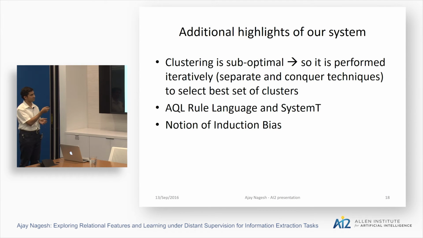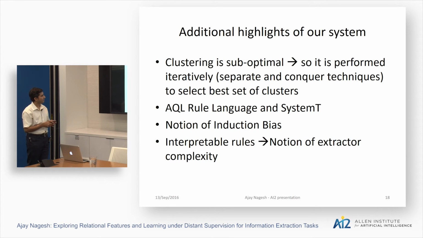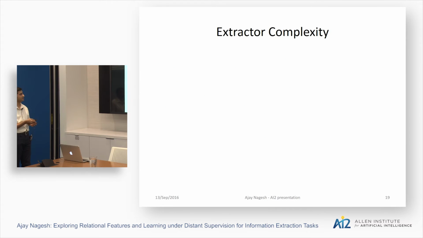Yeah, so I was talking about this notion of bias, which tries to incorporate the expertise gleaned from manual rule development to guide the induction process. And we have this notion of extractor complexity, which I'll explain.